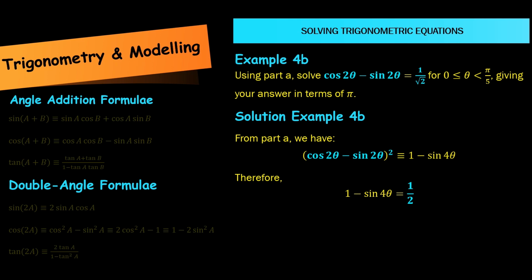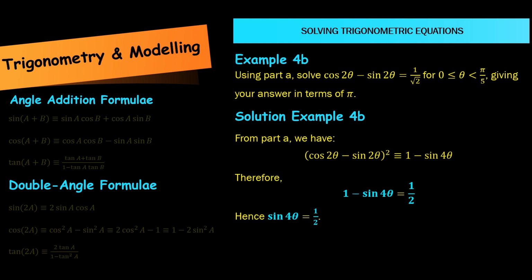We've simply squared the 1 over root 2 as shown, to give us 1 minus sine 4 theta equals 1 over 2. Therefore, sine 4 theta equals 1 over 2. This implies that 4 theta equals pi by 6. And so theta equals pi by 24.